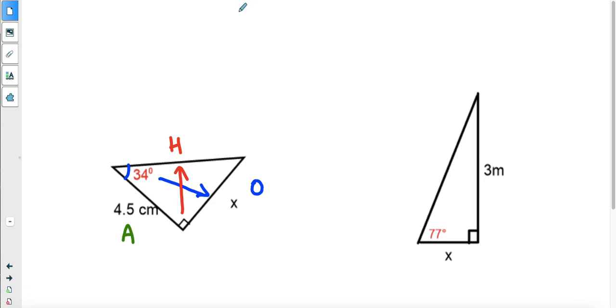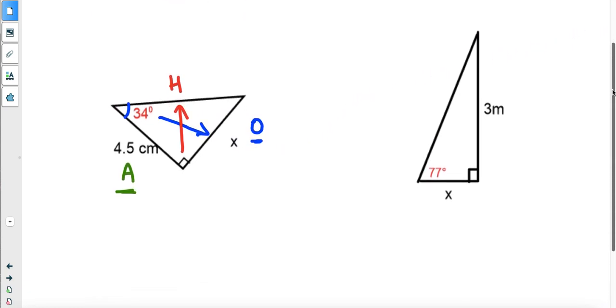And now I can just use SOHCAHTOA to figure out if I want to use sine, cosine, or tan. Look, I'm trying to find O. I have A. So I'm going to use T, tan, to find my missing side.